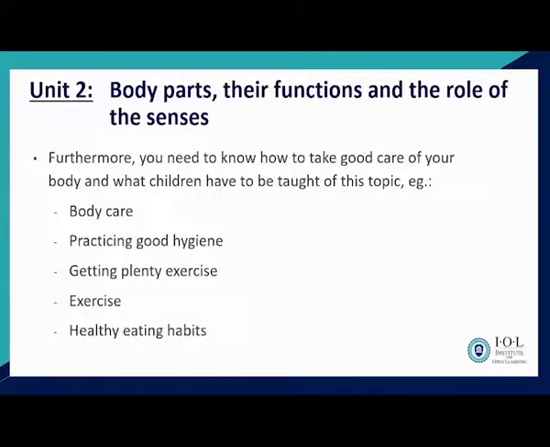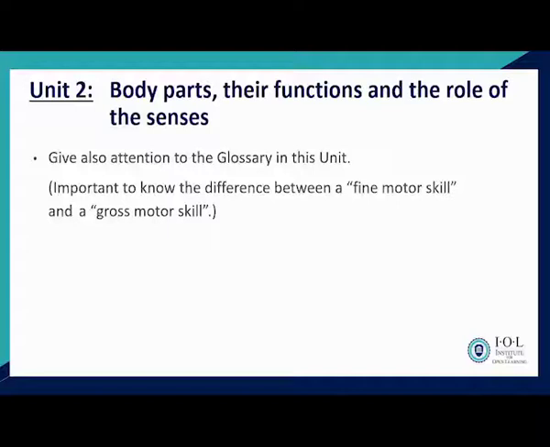Example, body care, practicing good hygiene, getting plenty of exercise, healthy eating habits. Also give attention to the glossary in this unit. Important to know the difference between a fine motor skill and a gross motor skill.